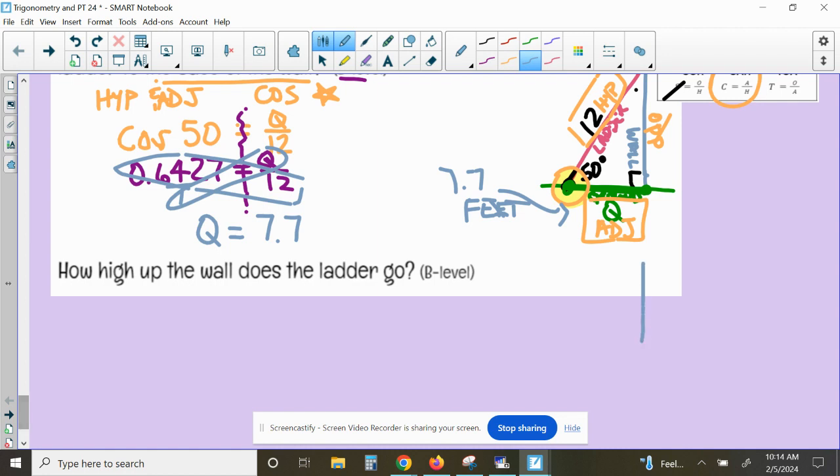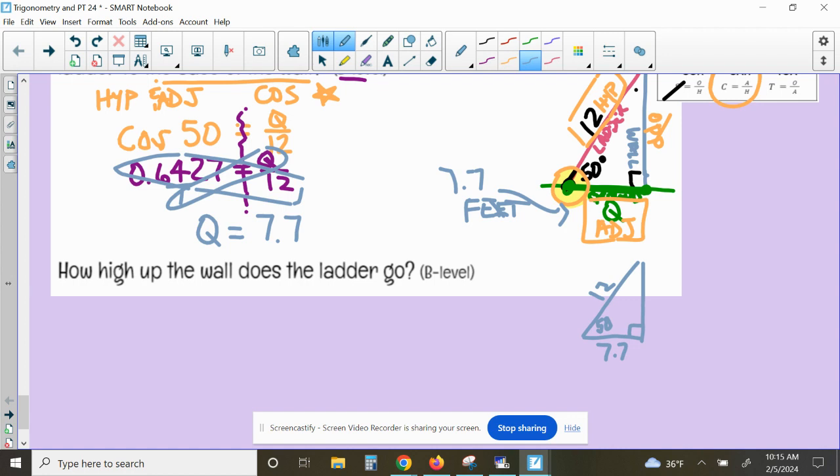So here's the stuff we know. We know that's the right angle. We actually know this down here is 7.7 now, right? We know this is 12. And we know this is 50. So those are the parts we know, right? Like I said, you could use the same picture, but I have a lot of stuff going on.